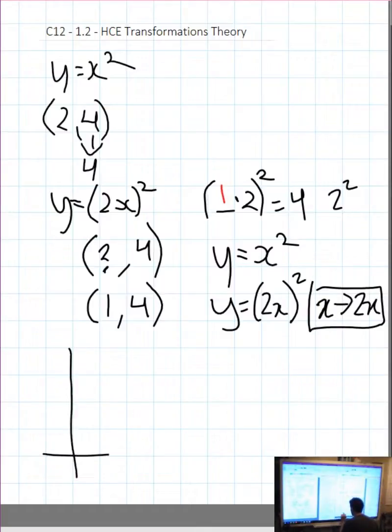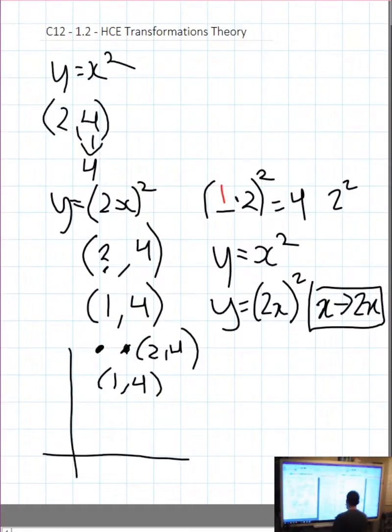So let's take the point (2, 4), and we have our new point (1, 4), and what has happened? Well, we used to have an x value of 2, and now we have an x value of 1. So we must have taken the x value and divided it by 2.